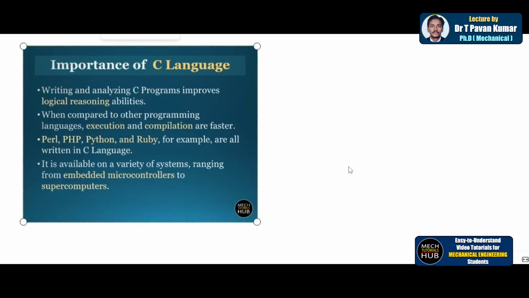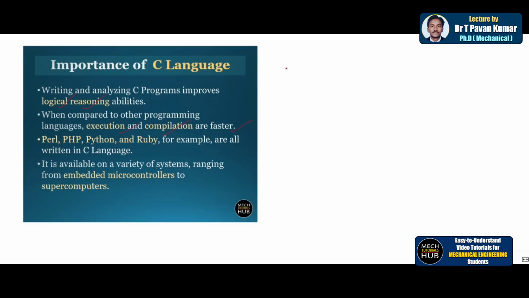Few more points I would like to cover here. As you could see, writing and analyzing C programs improves logical reasoning. If you learn the C language properly, then the logical ability of a programmer will improve. When compared to other programming languages, execution and compilation are very much faster.